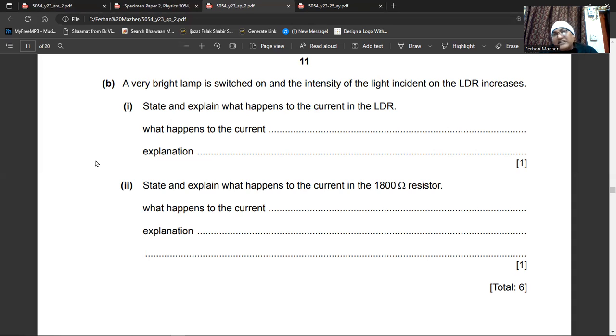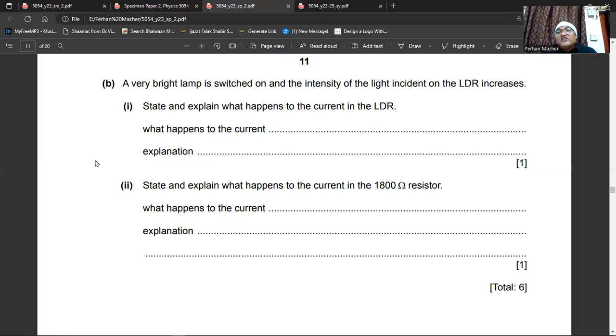And because it is connected parallel to the battery, the voltage drop on it will remain still the 4.5 volt. It will not change. So the voltage drop on the fixed resistor has not changed. Its resistance has not changed. So the current passing through the resistor will also not change. So what happens to the current? The current remains the same.